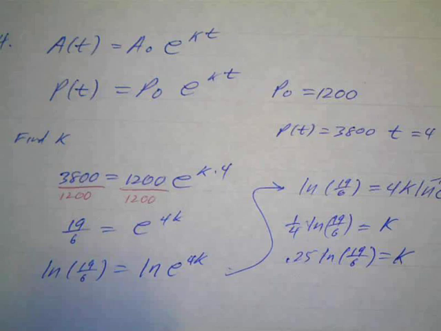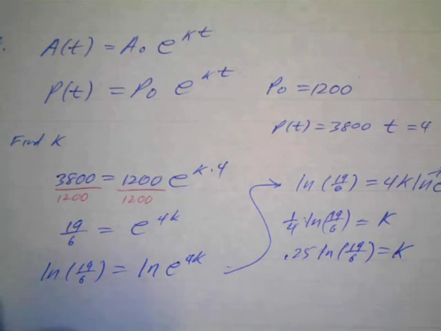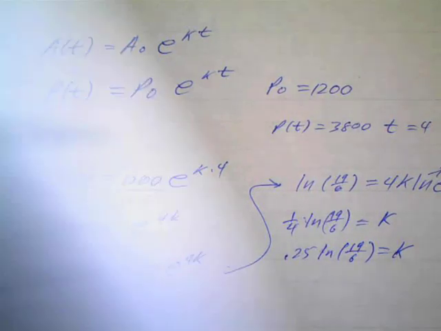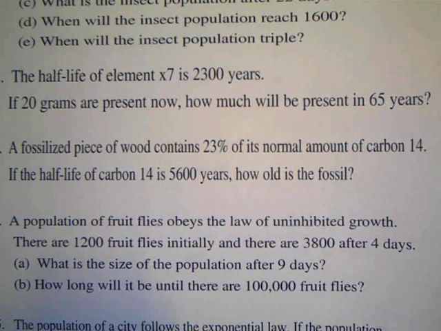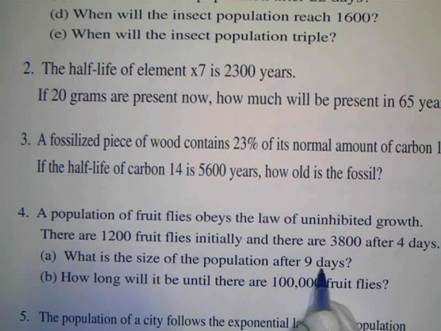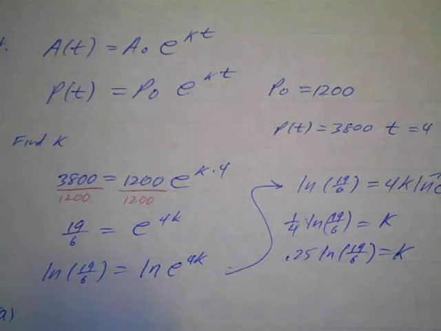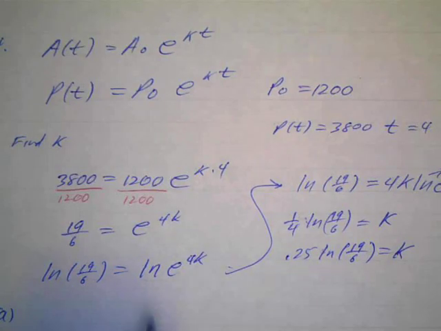Okay. All right. So now we got our k, so now we can use our formula. And part A, they want to know, go back and look at the problem, and letter A says, what will the size of the population be after 9 days? So I'm looking for P of 9. And remember, you can always pause this and go back if it gets a little confusing.